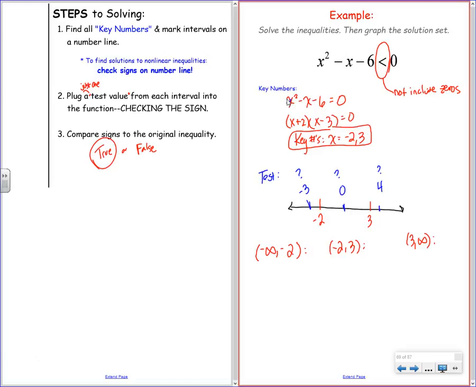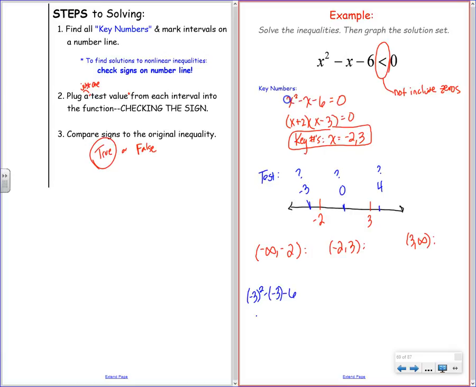So how do we do it? We plug in. I say, okay, let's take -3 and plug it in. You have two choices. You could plug -3 in here, or you could plug -3 into the factors. Just for the sake of illustration, I'm going to plug it into the original. So -3 squared minus -3 minus 6. We're trying to ask ourselves, is it less than 0?